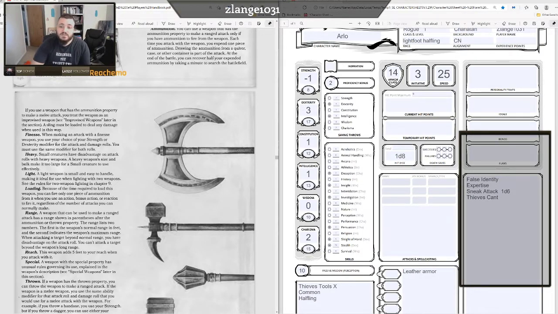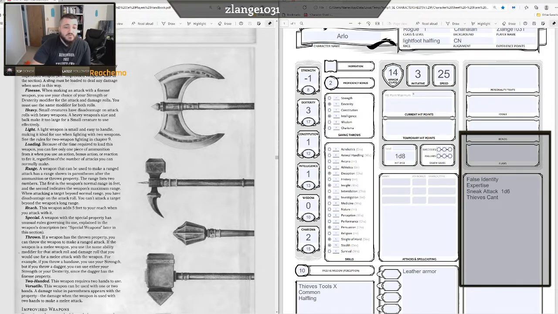As our character is better with dexterity than strength, we need a finesse weapon in order to do any good amount of damage. You must use the same modifier for both rolls. So I don't know why anybody would want to make the attack with dexterity and damage with strength. I'm not too sure why, but book says no.